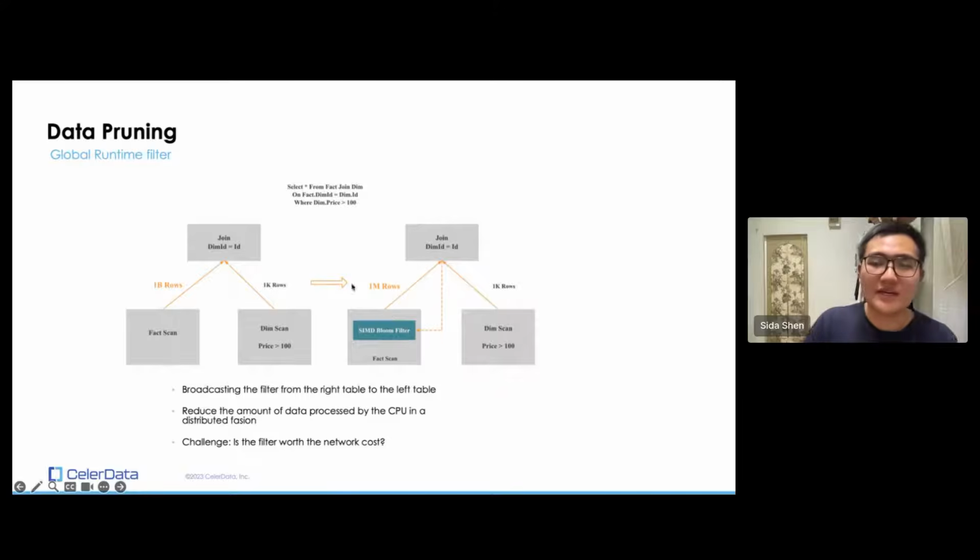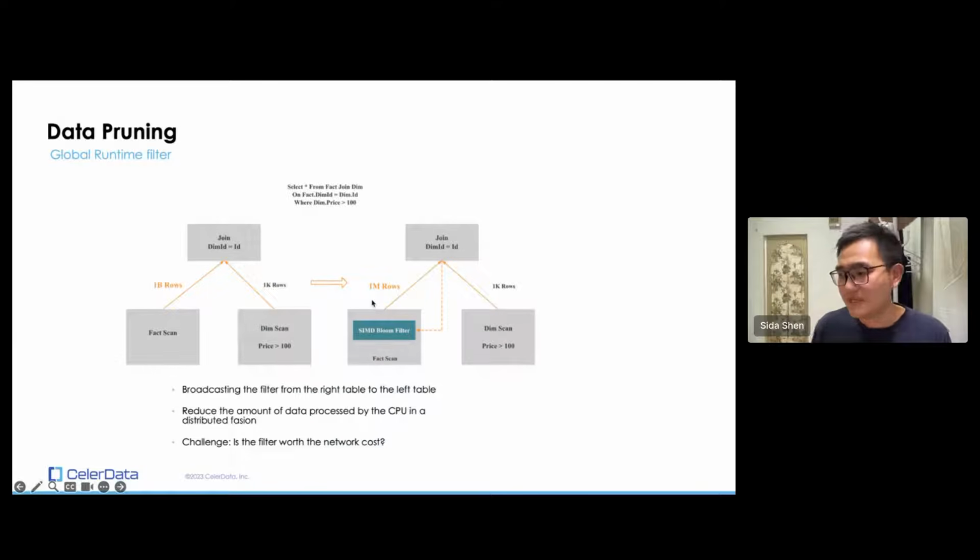But there's more than that. This predicate, this column might not even exist in the fact table, right? So simply sending the predicate itself over is not going to work, right? So what StarRocks does is it has the option to send a Bloom filter from the dimension table, so the right table, to the left table, right? And thus still do this 1 billion to 1 million row optimization, right?